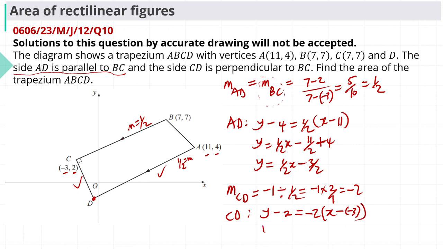So this reduces to y equals minus 2 times the bracket, which is x plus 3. So minus 2 multiplied by 3 gives you minus 6. Adding 2 to both sides, you have your working this way. So now it tells us that the equation of line CD is y equals minus 2x minus 4.